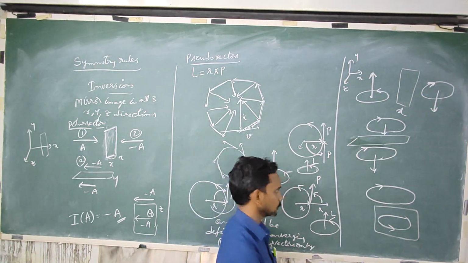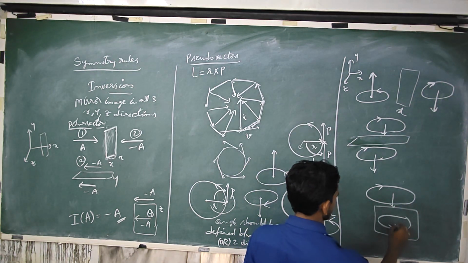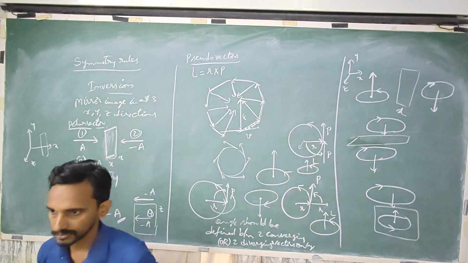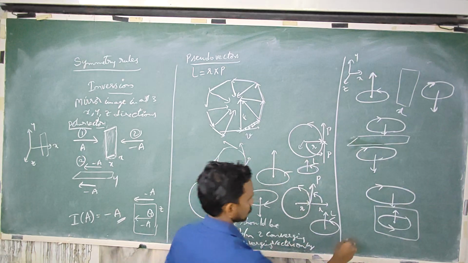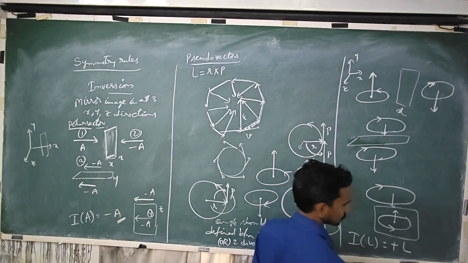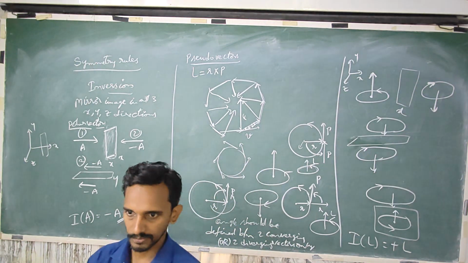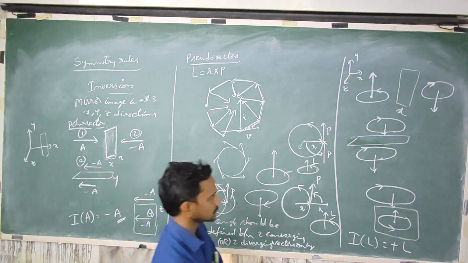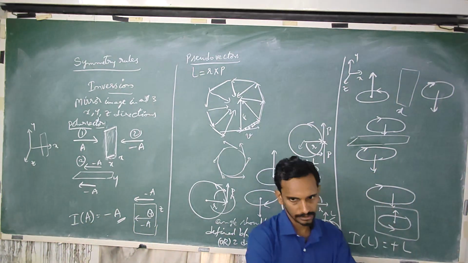The mirror is facing the board, so this is the direction of the vector. The ultimate direction is this. So the inversion operation on a pseudo vector gives you the same sign. You have to decide the direction of the vector after mirror imaging the object.